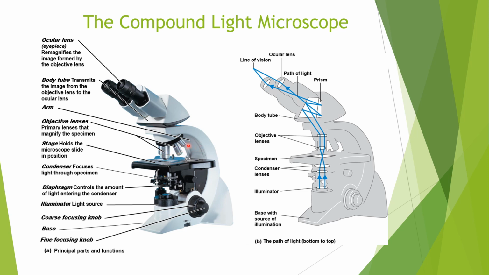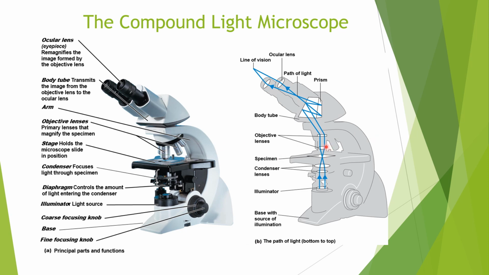One can magnify your specimen 4 times, 10 times, 40 times. In microbiology labs, we usually use the objective lens that can magnify our image 100 times. We call it the oil immersion lens, and I'll show it to you.